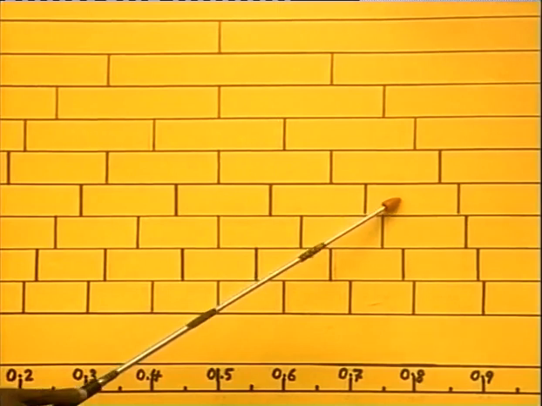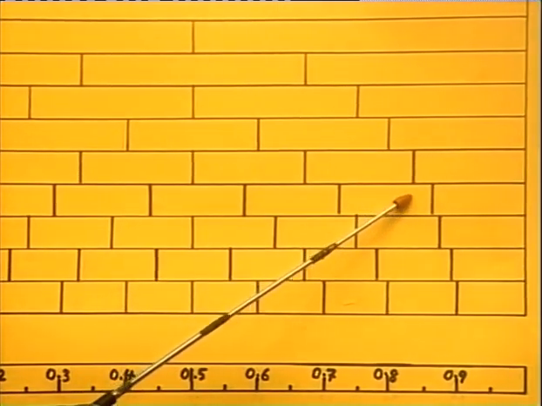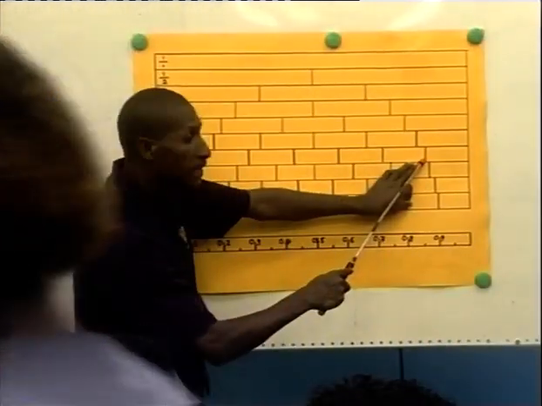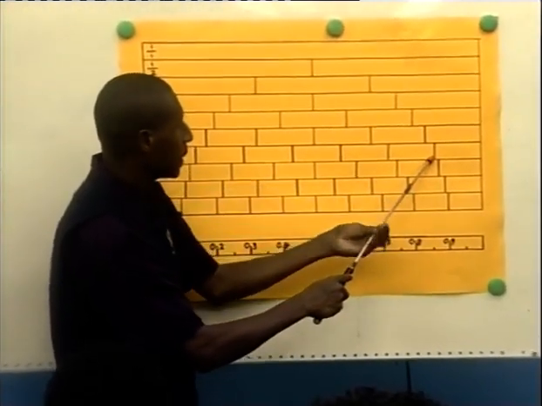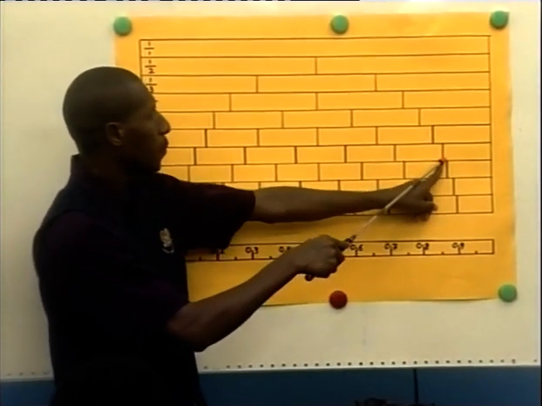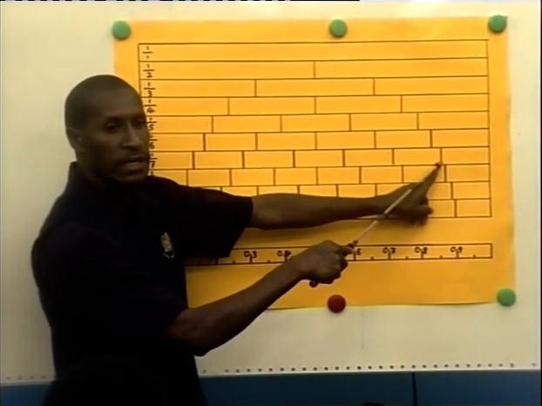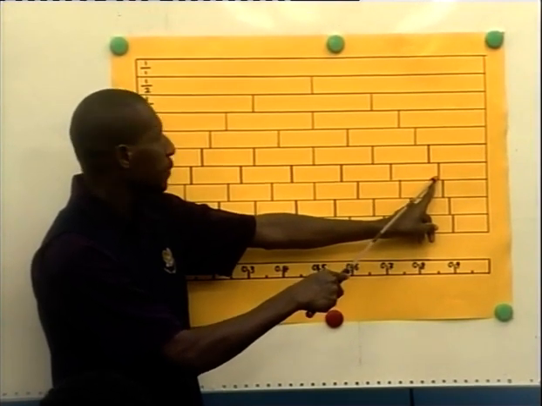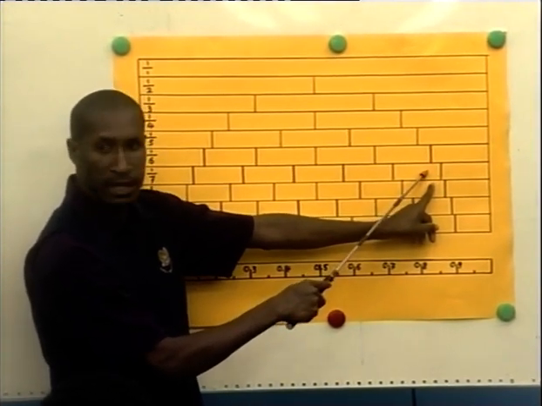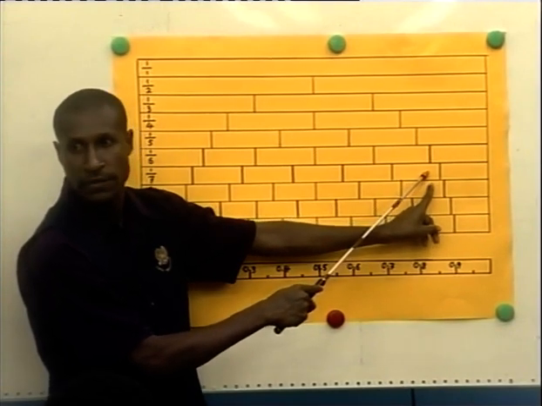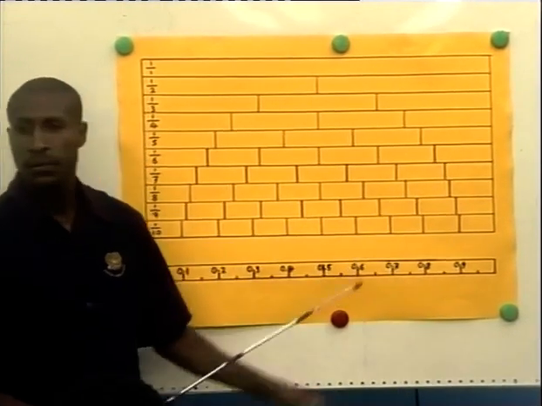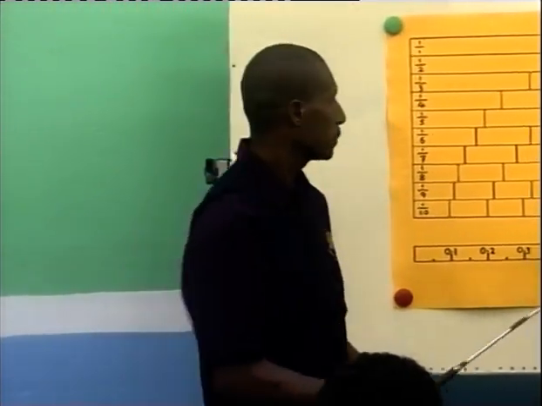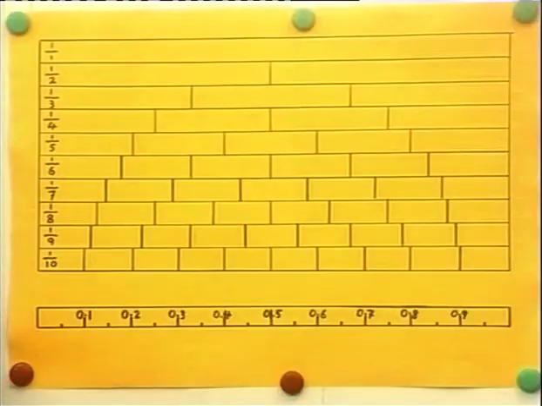Class, is she correct? Yes, this is 6/7. So this line here is 6/7. Now, what is the decimal of 6/7? If you change 6/7 to a decimal, what will it be? 6 over 7 to decimal will be what?